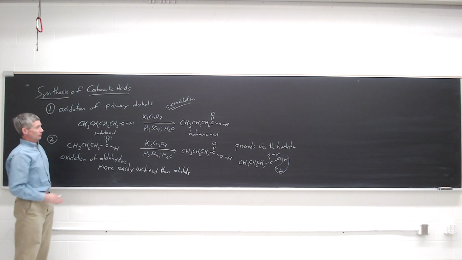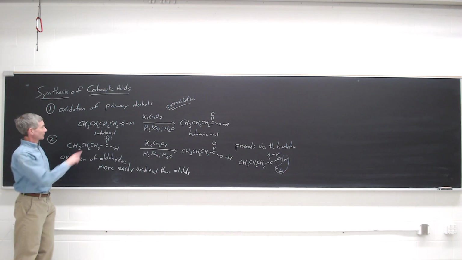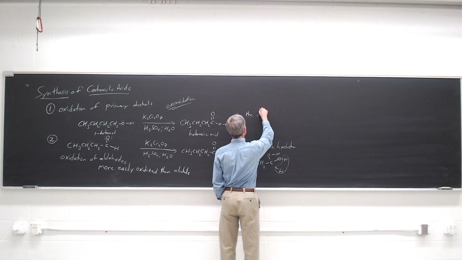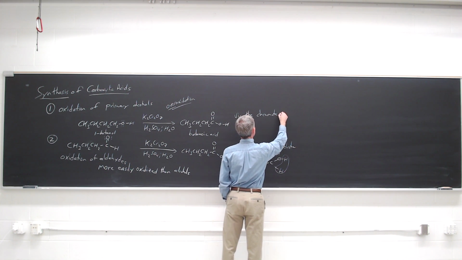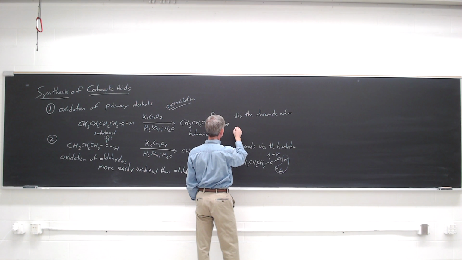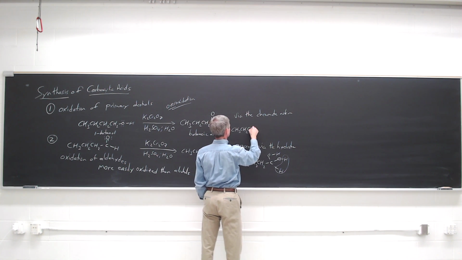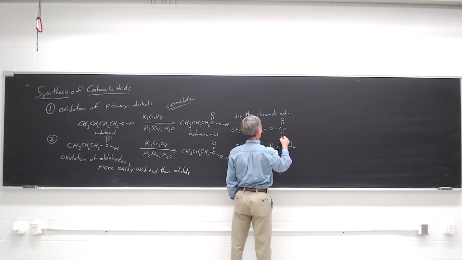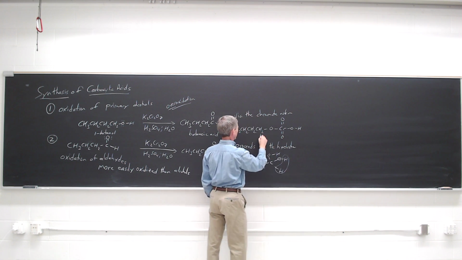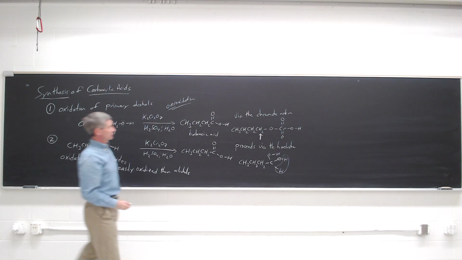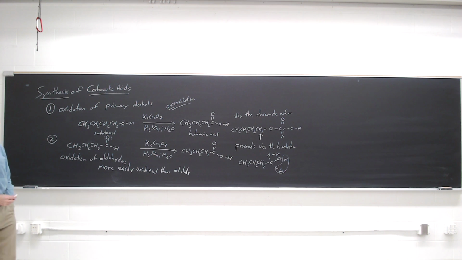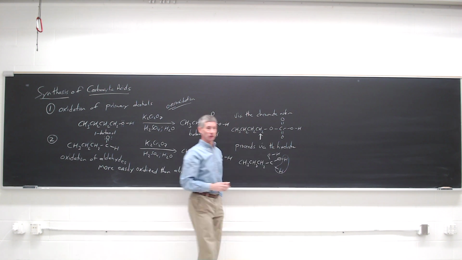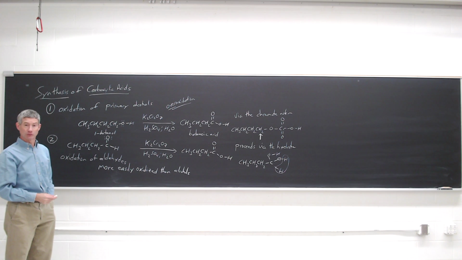And this occurs through the intermediacy of chromate esters, followed by an E2 elimination, where one of the hydrogens on the CH2 group is removed by water as base, breaking the bond between the oxygen and chromium and reducing the chromium-6, eventually to chromium-3.